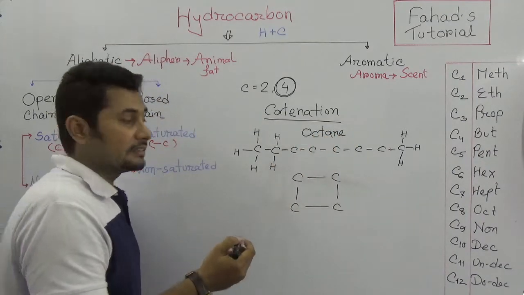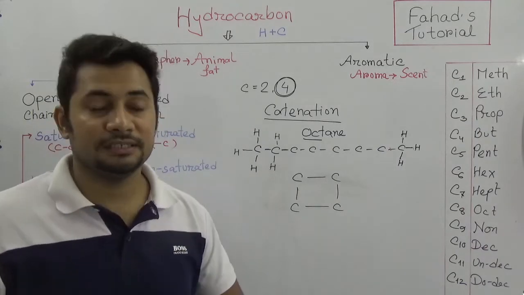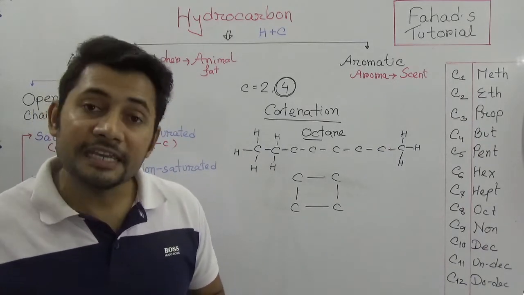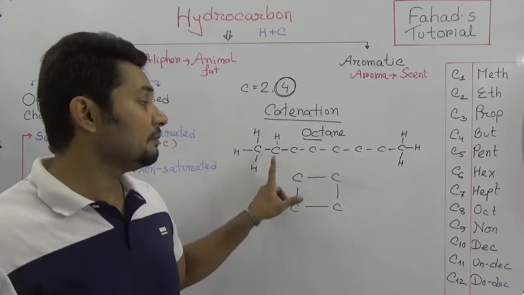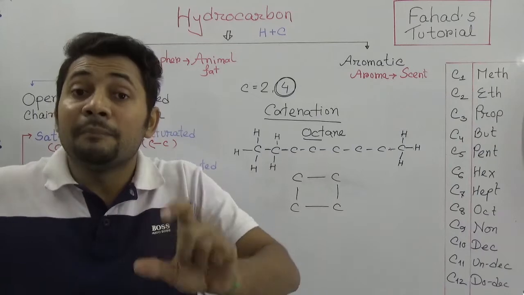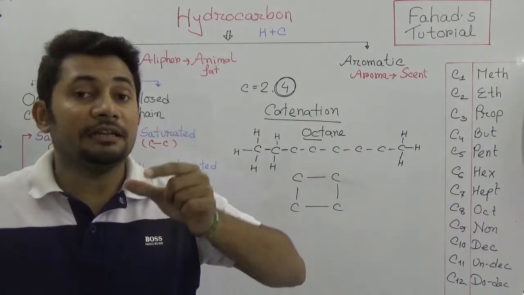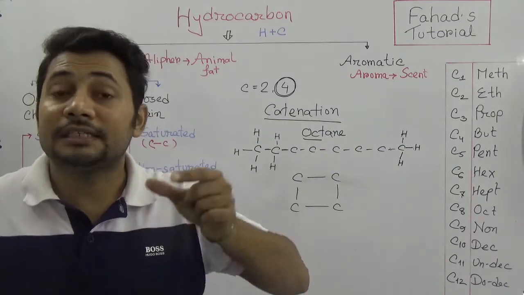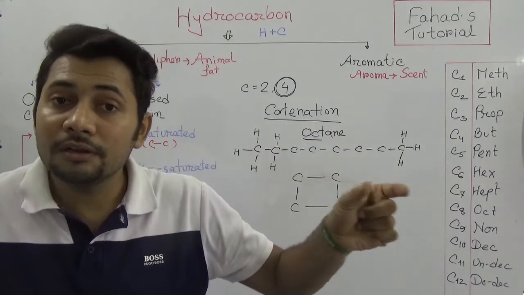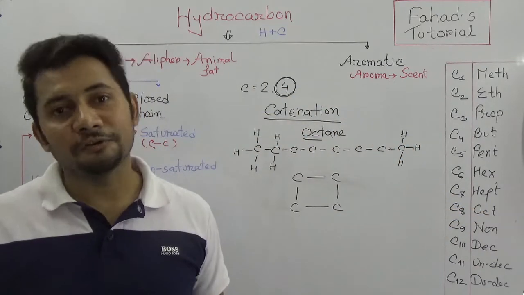Why octane? We said it, this is oct, O-C-T, oct, because there are 8 carbons. So the number of carbons is 8. That is why we will say this is oct. But after that, it can be octane, octene, octyne, octanol, octanoic acid, depending on the functional group.